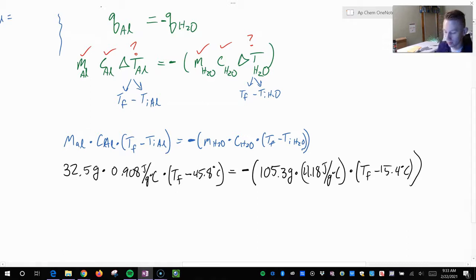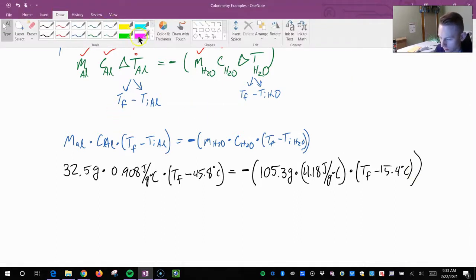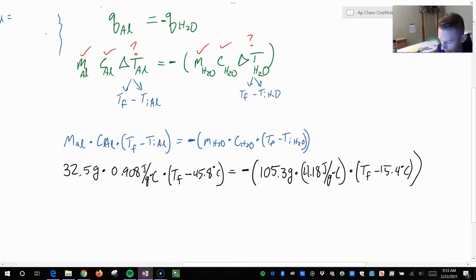But now we're going to be able to do some simplifying. And we can do that like so. Now there's a lot of different ways you can do the algebra here, but I'm going to try to simplify and do it in the easiest amount of steps possible.